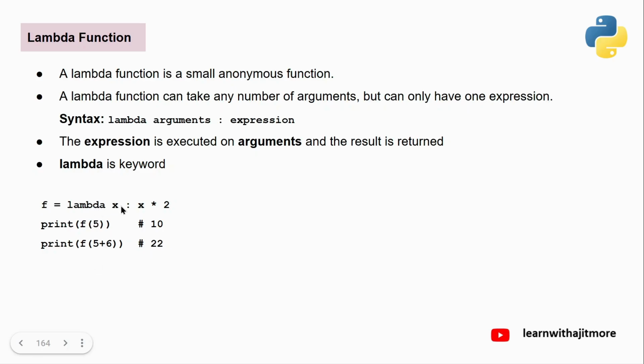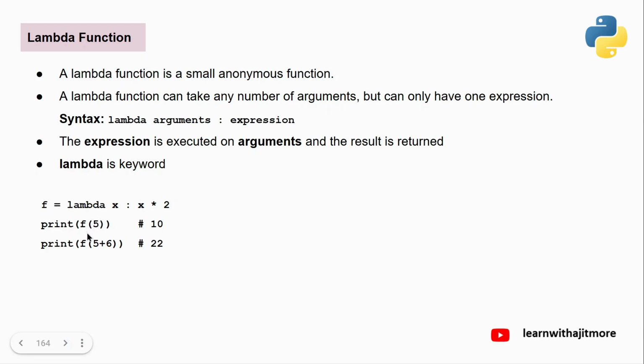So lambda x, x into 2. Now that lambda is defined. Okay, yet it is not called. It is just defined. And after definition, you get the reference of that function, which you're collecting in F. This function also will be stored somewhere in the memory. So where it is stored in the memory, its reference we are collecting in F. And now using that reference, we are giving a call to that function.